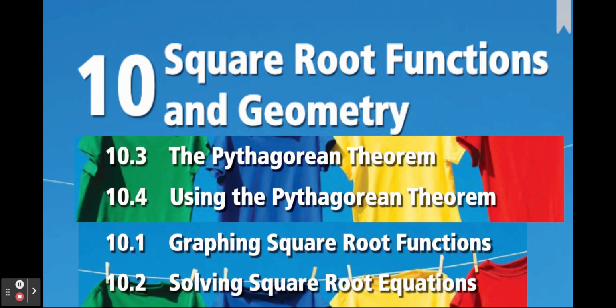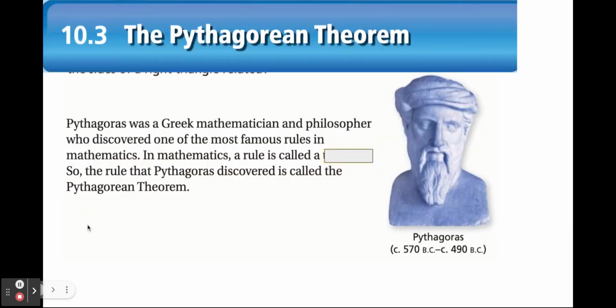First up will be 10.3, the Pythagorean theorem. So we have Pythagoras. Nice little sculpture of Pythagoras here. It says Pythagoras was a Greek mathematician and philosopher who discovered one of the most famous rules in mathematics. In mathematics, a rule is called a theorem.